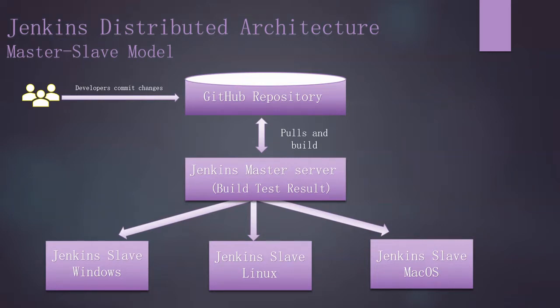In some scenarios, we have the same build and we have to deploy it to different types of OS, and second, to distribute the load. In those scenarios we use the Jenkins master and slave concept. In our DevOps course, we will cover all these scenarios, the whole Jenkins CI/CD pipeline as I showed you in the diagram, and also master and slave.